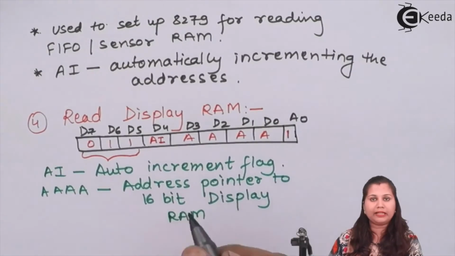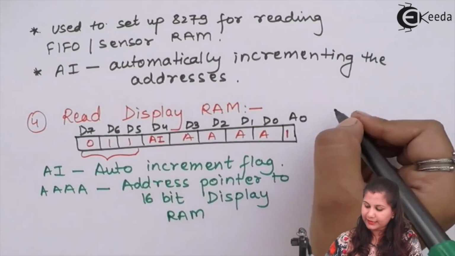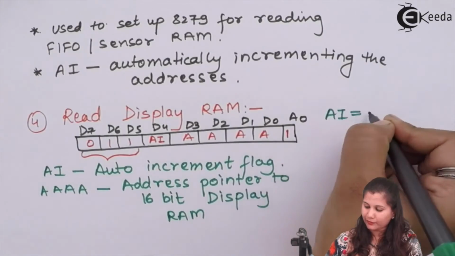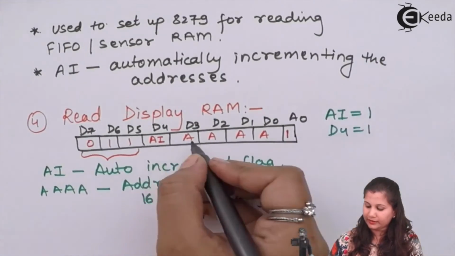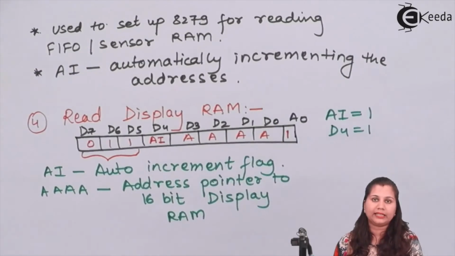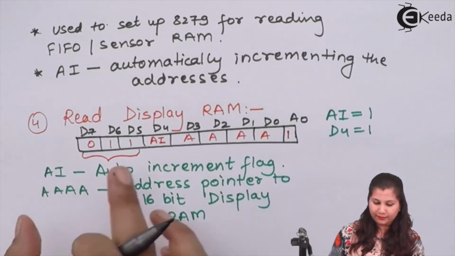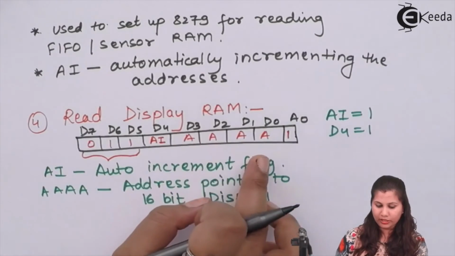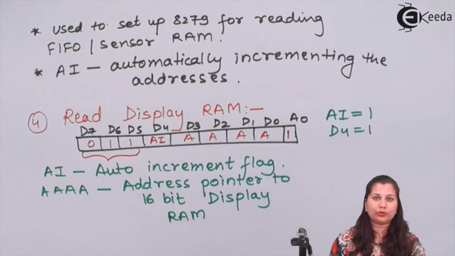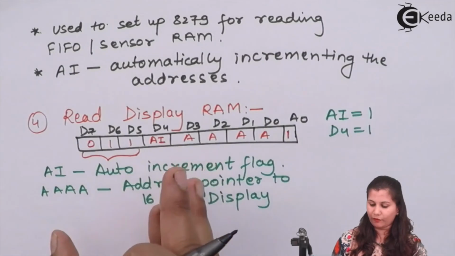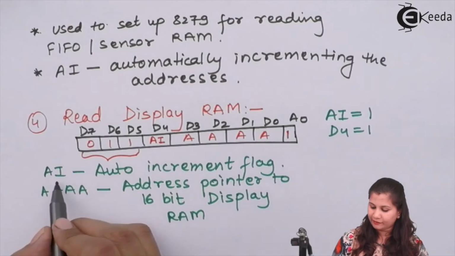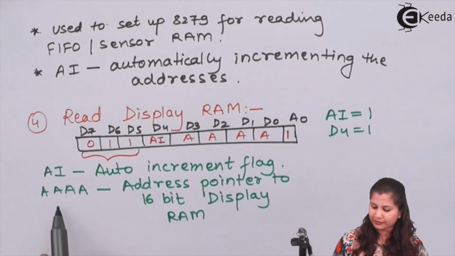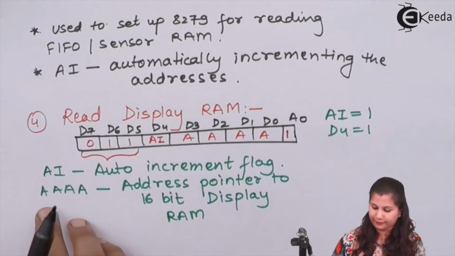For auto incrementing the addresses, this AI bit has to be 1. So when D4 is equal to 1, the addresses will be automatically incremented. This read display mode is preparing the 8279 to read data from the display RAM, that is, it is preparing the 8279 for read operations. And here we have the auto increment flag, and the AAA are the addresses.